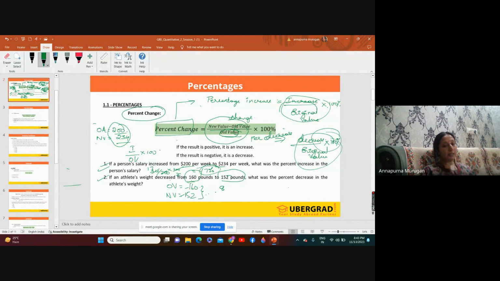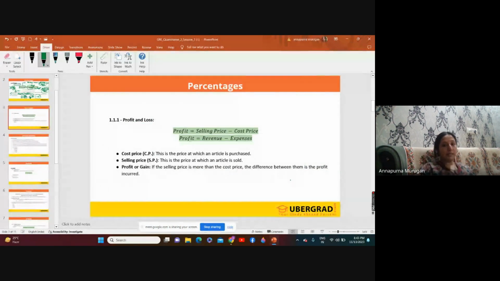So there is a decrease, that is 8, 160 minus 152. And what will be the original value? 160 into 100. So it goes like this, 2 5s, 2 8s. So therefore the decrease is 5%. Got it, guys? So this is what basically we have.